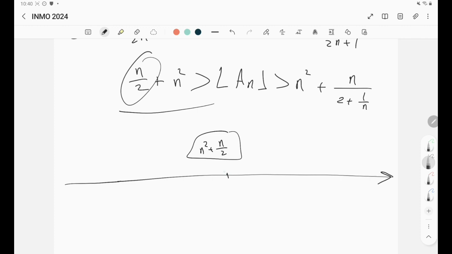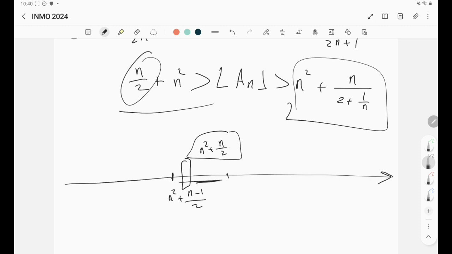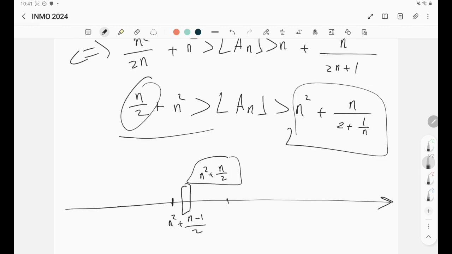If we can show that this thing here is greater than, let's say, this number here, n squared plus n minus 1 over 2, so let's say this number is somewhere here, then that means the floor of an is going to be somewhere between them.